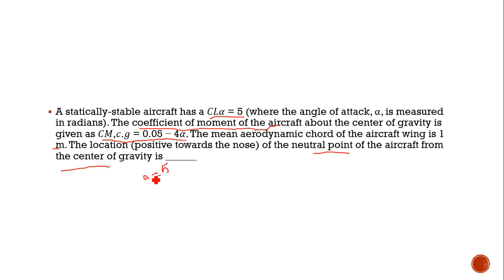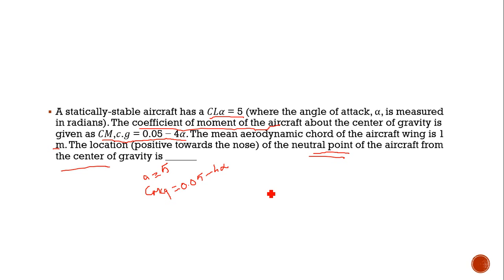Then they have also given CM_cg equal to 0.05 minus 4 alpha, and they asked us to find the neutral point location from the center of gravity. So they have asked us to find the static margin.